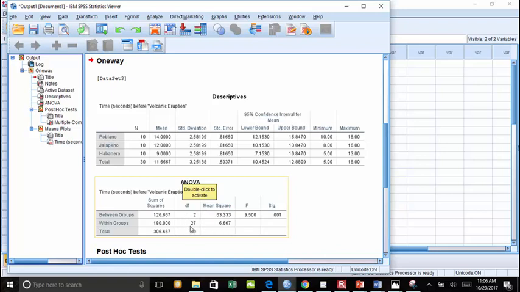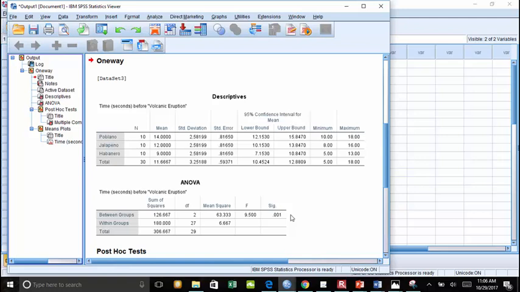Since we have more participants here, we have 30, instead of the 9 that we had in the lecture we were talking about. Anyhow, the degrees of freedom change. So 2 and 27. Here's our between group variability, 63. Here's our within group variability, 6.67, our F ratio, and our significance value.